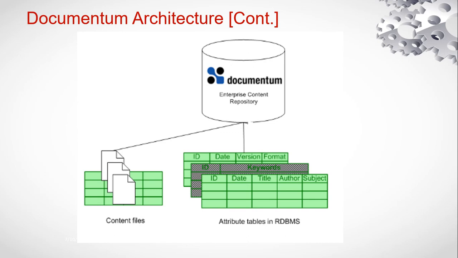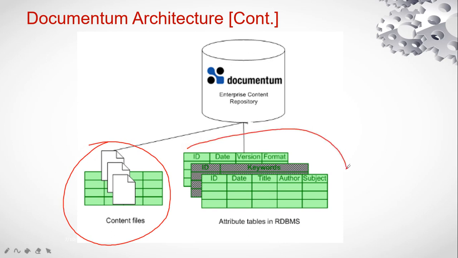The Documentum repository has basically two parts. One is called the file store, and the other one is called the database. You might be seeing two sections added here. These content files are stored in the file store, and all these metadata, all the tables you are seeing here, are the database.